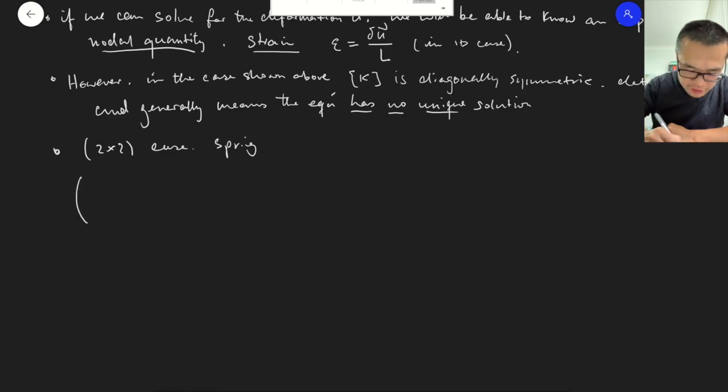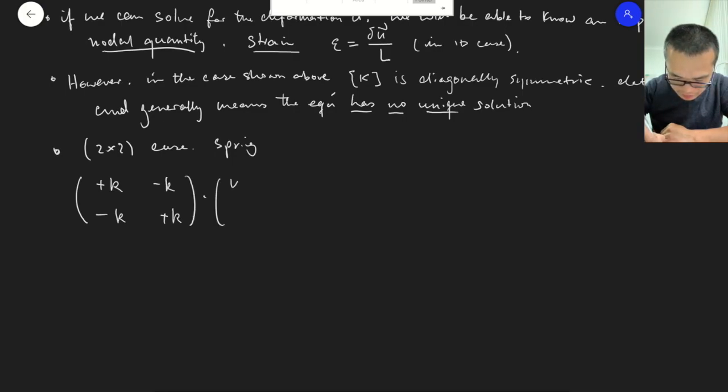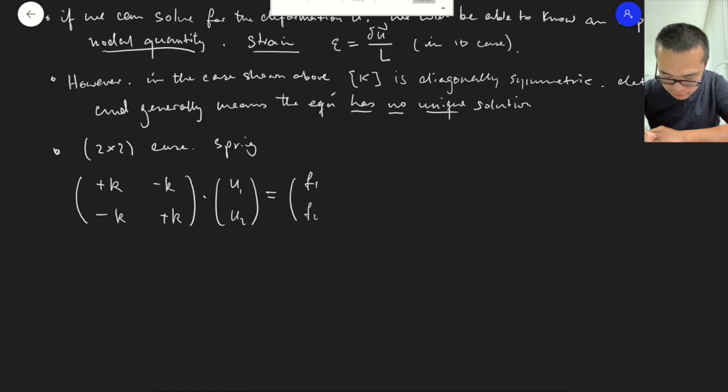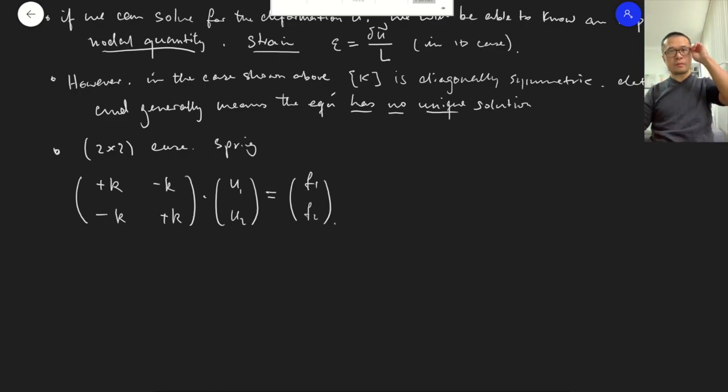Now you know that the matrix equations for the 2x2 case we have done before is plus k, minus k, minus k, plus k, times u1, u2, equal to f1, f2, right?